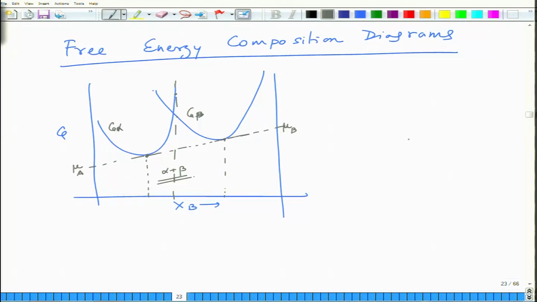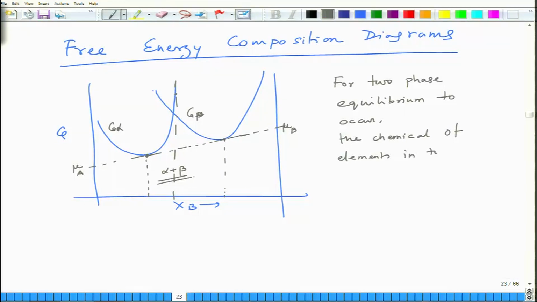So, what this tells me is that for two phase equilibrium to occur, the chemical potential of elements in the two phases must be the same.